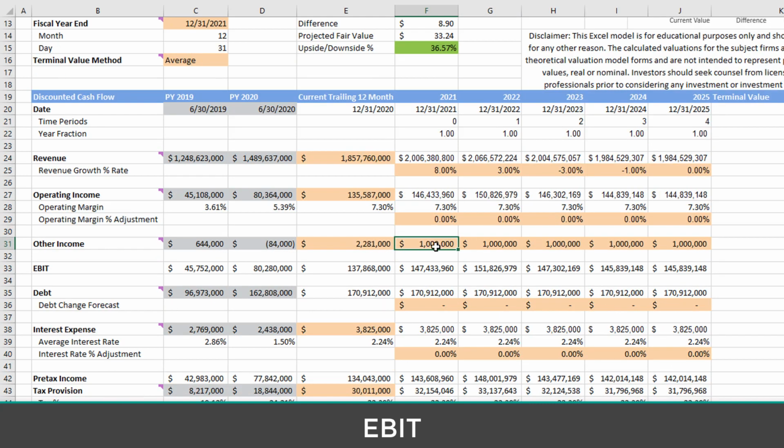Then any other income, I'll look at the past to see, should I put anything here or just keep it the same as what it was in the past. So this one, once again, heavily influenced by your assumptions. And each year you'll see the operating income plus the other income is your EBIT.